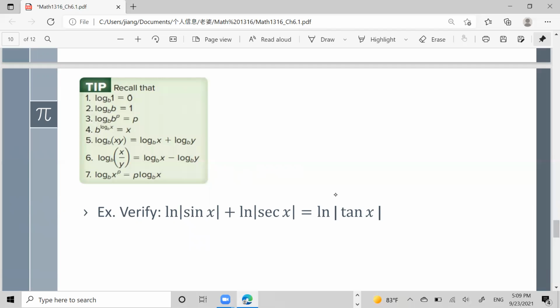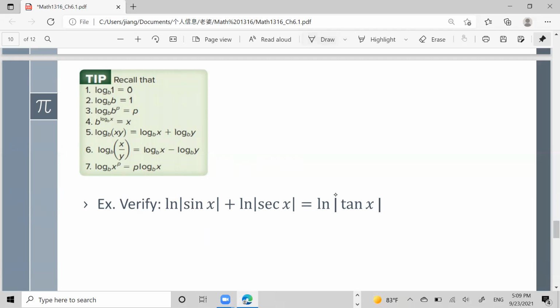And in this section, we're going to use a lot of this one and this one. So if they have the same base, here it's b and b, log b of xy equals, I can split the xy into log b x plus log b y.